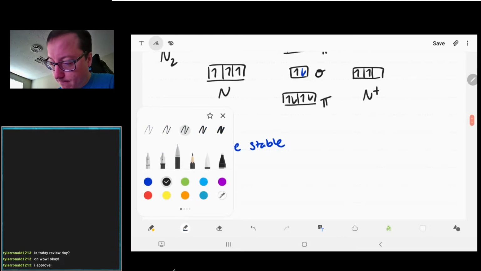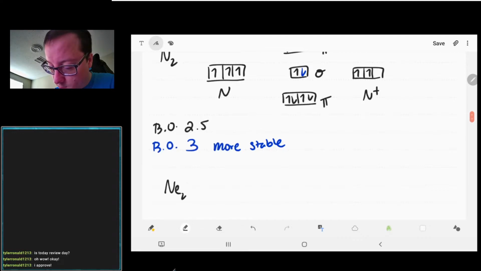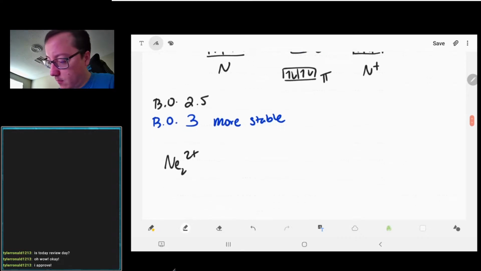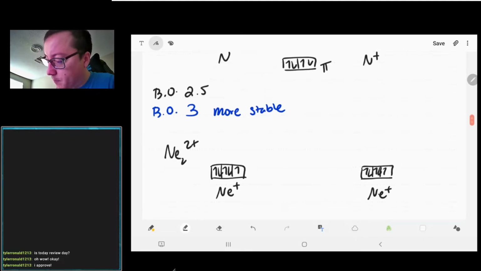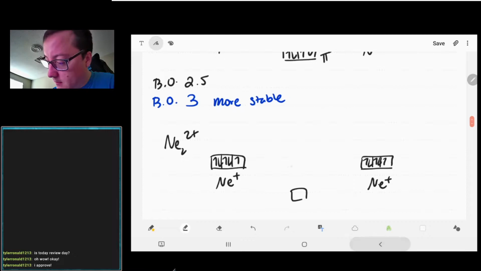Last one is the neon one. It doesn't matter if you have one neon that's full and the other one is 2+. We're still going to have the same number of electrons overall. I just like making them the same. Remember, this one is not one of those 3 elements, so it will start with sigma being the lowest.